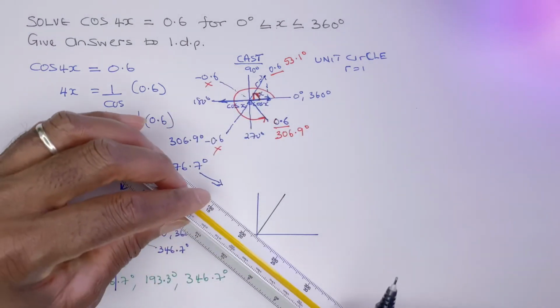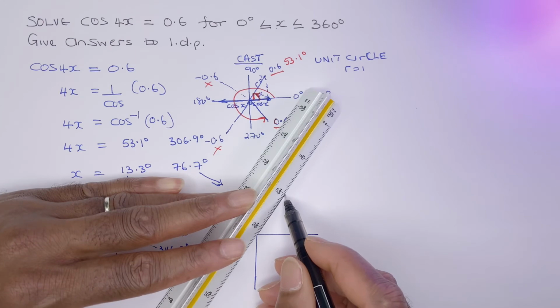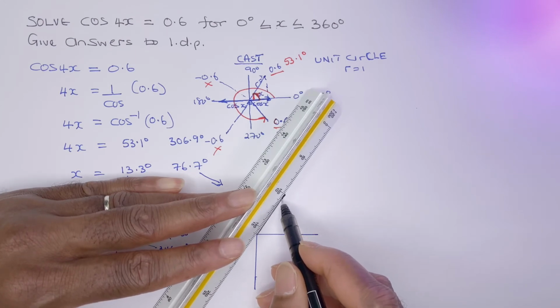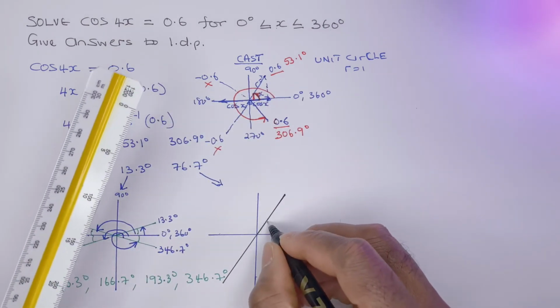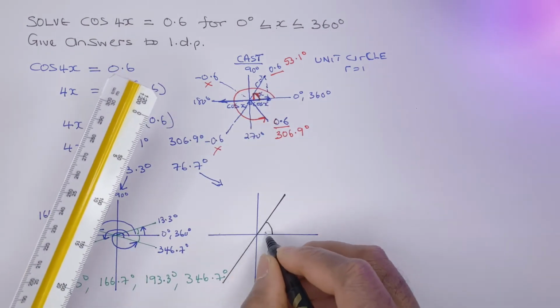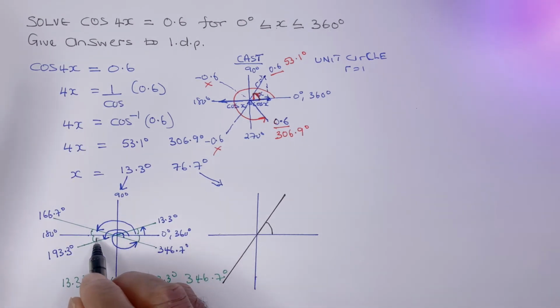And a reflection on that, actually, do extend the line and it makes life easy. So extend the line, there you go. With this angle being 76, the corresponding angle will be 76. If this is 13.3, the vertically opposite angle will be 13.3 as well.